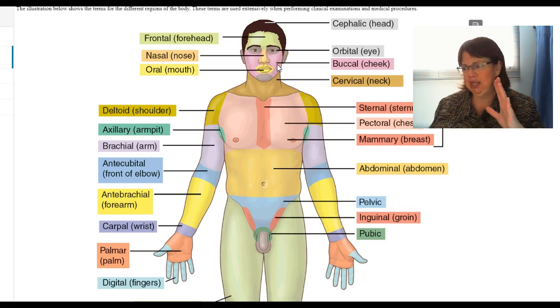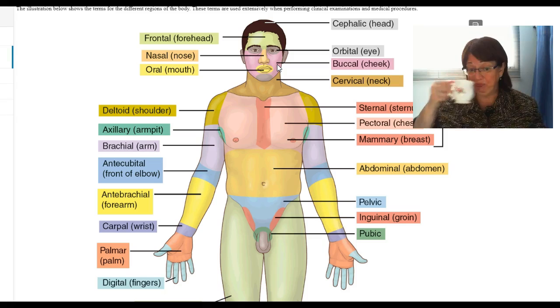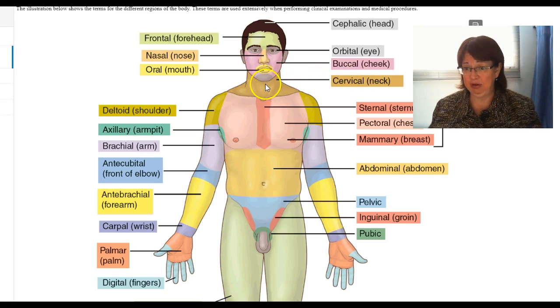I don't know if you've paid attention when you're at the dentist, but the dentist will talk about a lingual and a buccal side. Okay, then you've got your cervical. When you talk about your thoracic is your vertebrae, your pelvic. Mammary has to do with breasts. Abdominal, pelvic has to do with your pelvis.